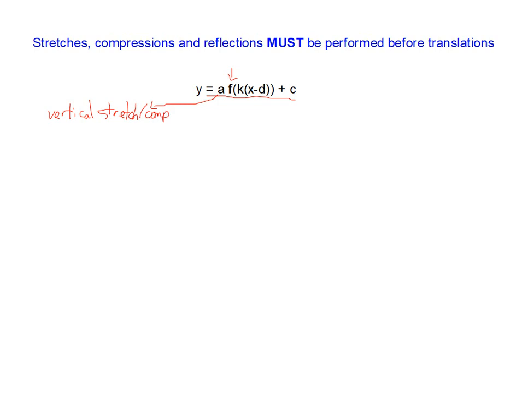It was also a reflection in the x-axis if it was negative. So this also drives the reflection in the x-axis. The k value out here, it was a horizontal stretch or compression. So that's what was responsible for those. Horizontal stretch or compression.